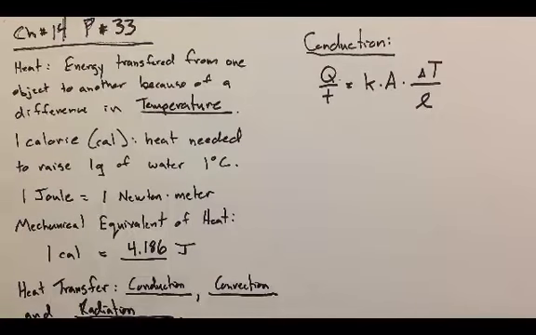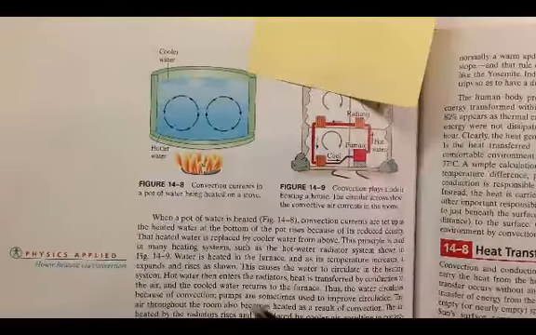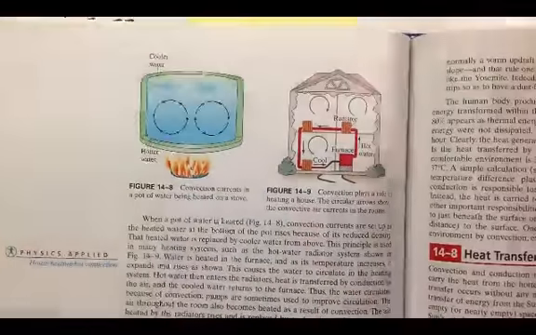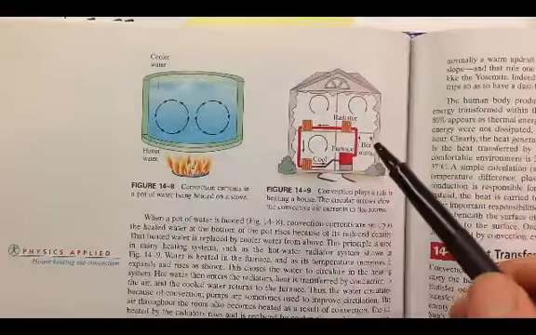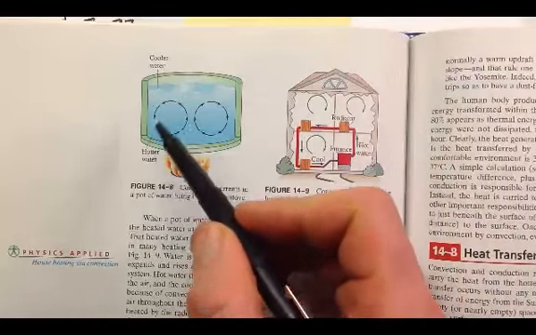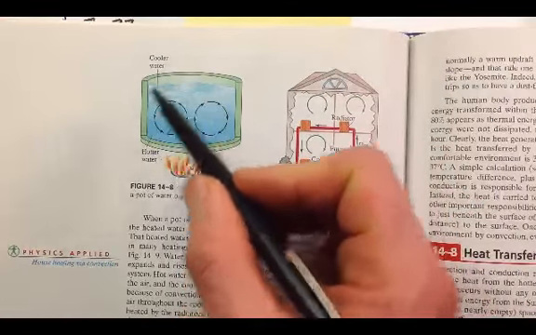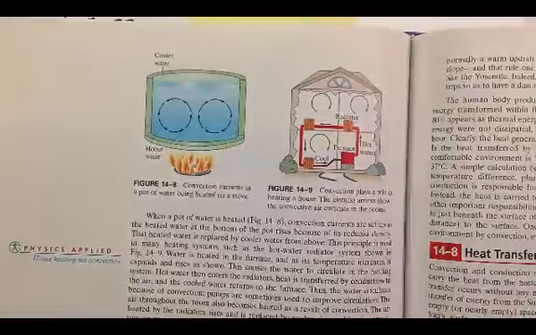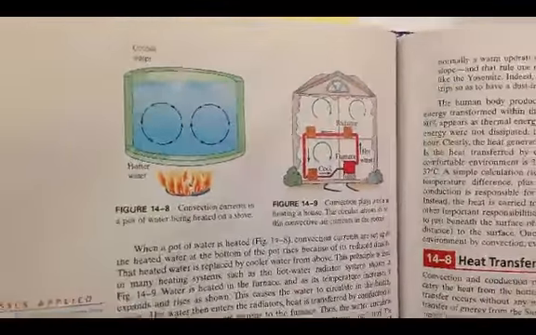Convection is caused when you have fluids, either air or water, and basically hot air rises and cold air sinks, and you get convection currents formed, whether they're in water or in a house. Hot air rises, cold things sink, and you get this movement of fluids. We call that convection.